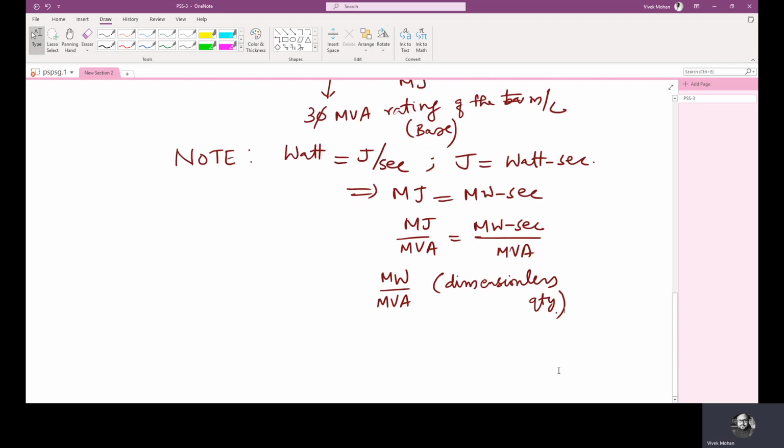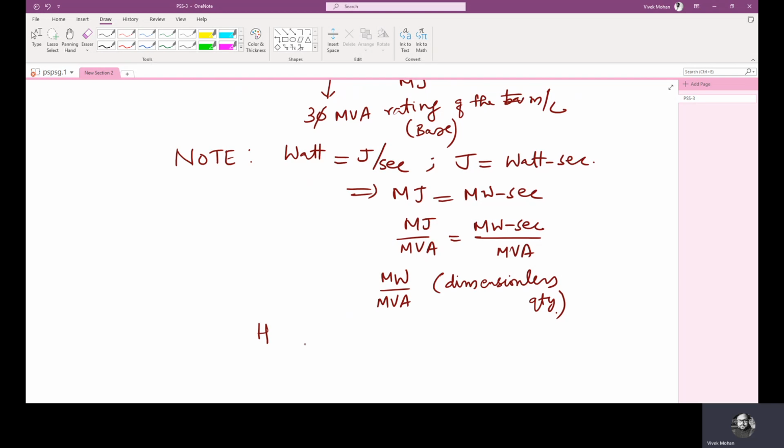Therefore, H can be defined as inertia constant in megajoules per MVA or megawatt seconds per MVA or seconds, just seconds.